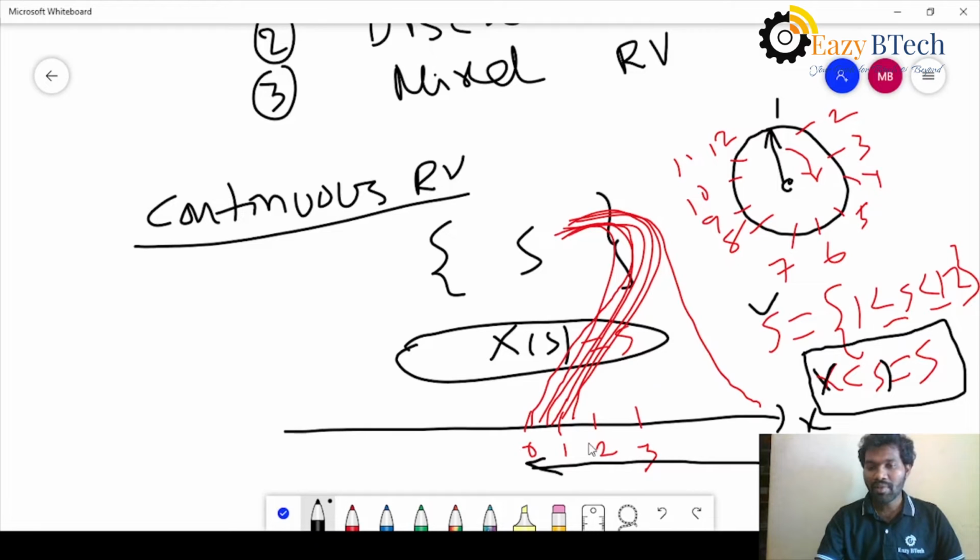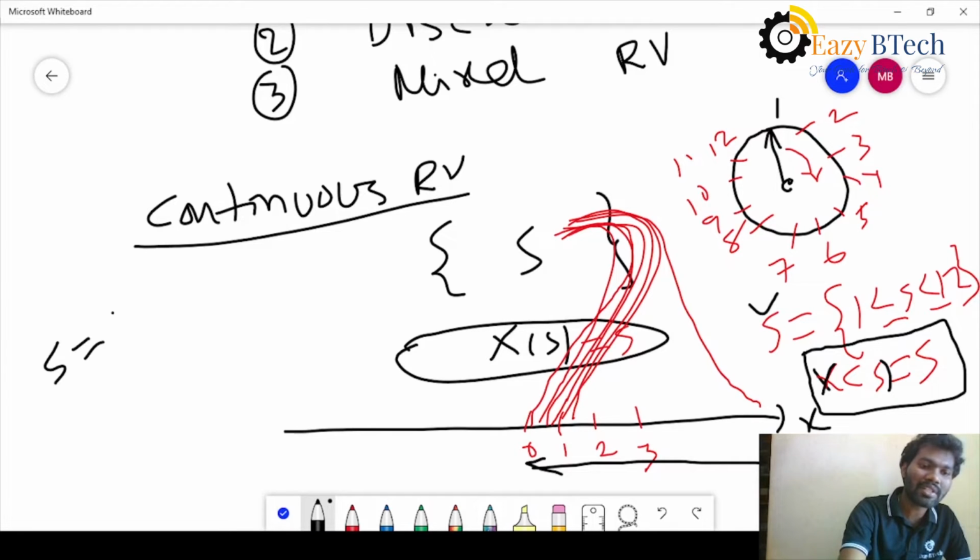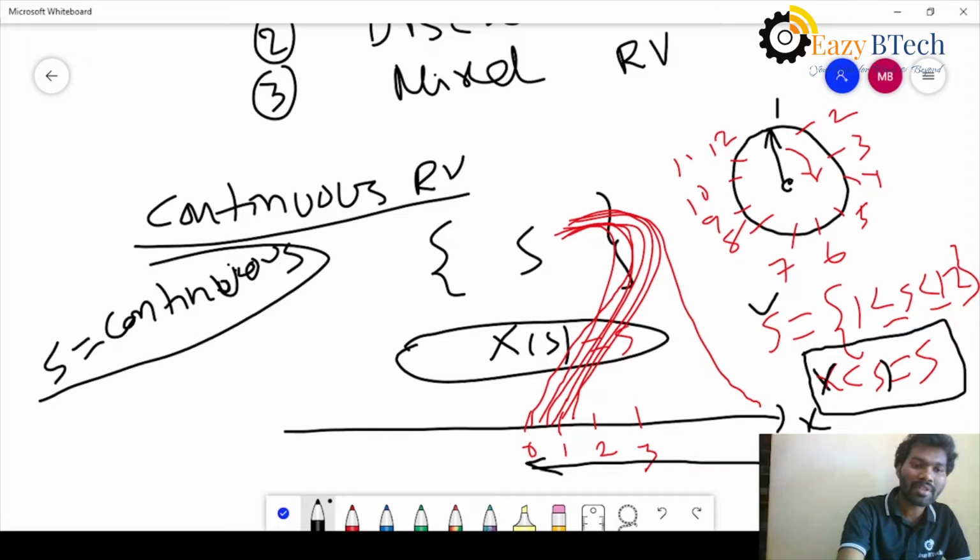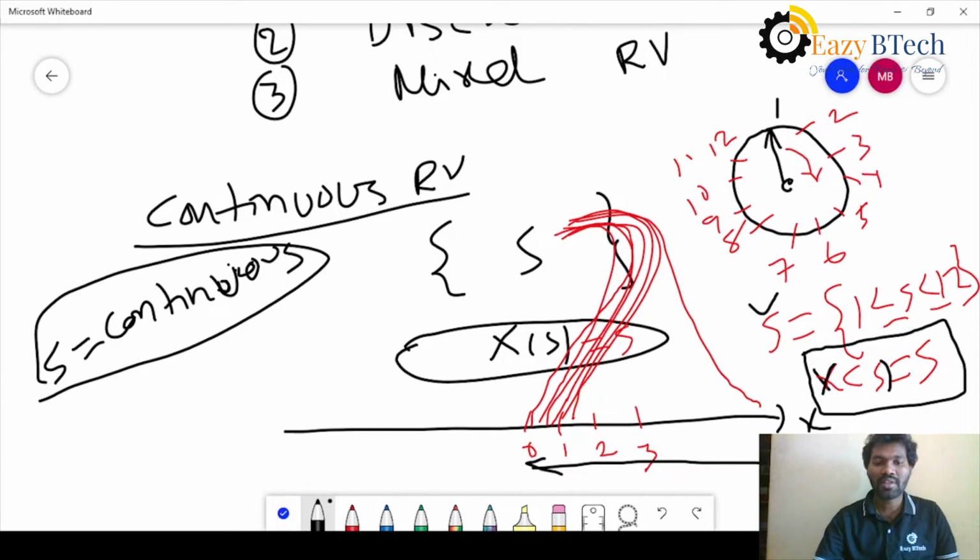So in that way, I can say that this is a continuous random variable. The first condition, which must be satisfied, is that the sample space must be continuous. That you should remember. The sample space must always be continuous for a continuous random variable.